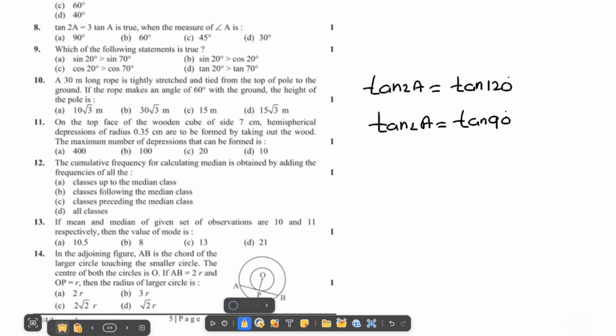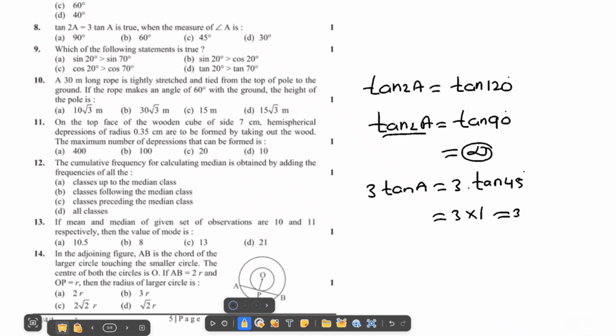Yes, we know the value of tan 90. Tan 90 is infinite. So let's take RHS. What is RHS? 3 tan a. So 3 into tan 45 degrees. Tan 45 is 1. So it is equal to 3. Here tan 2a is infinite and 3 tan a is 3. Both are not equal. So as they are not equal, option C is also not the right answer.